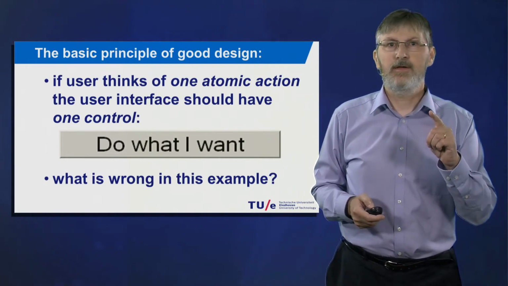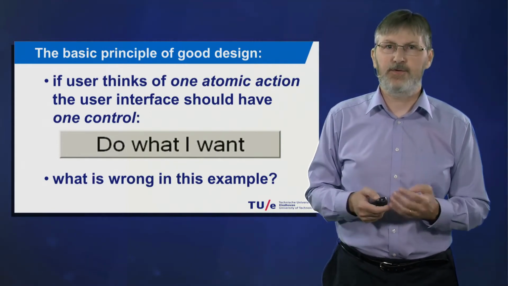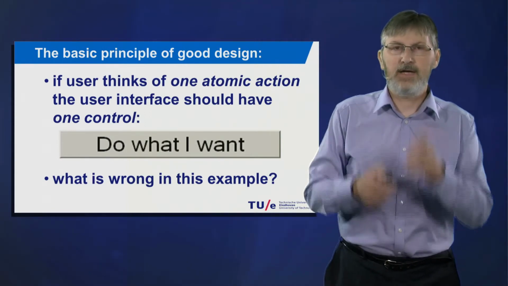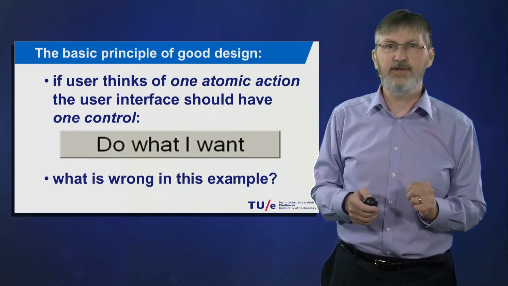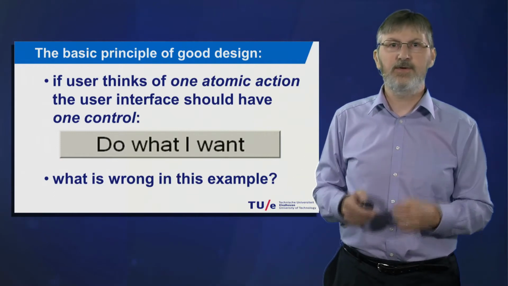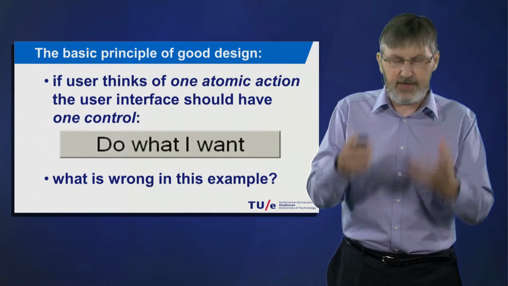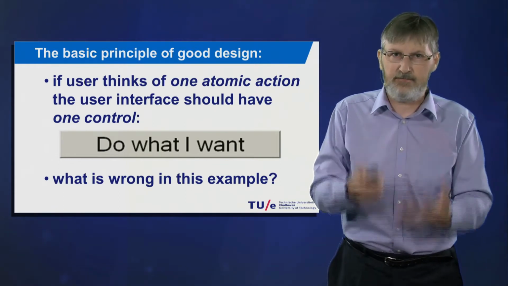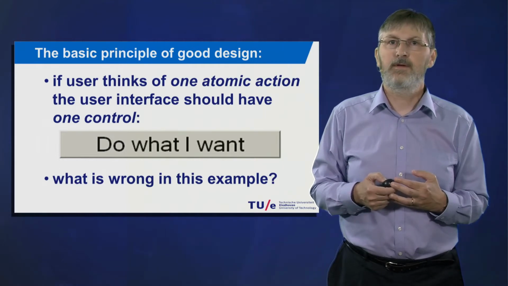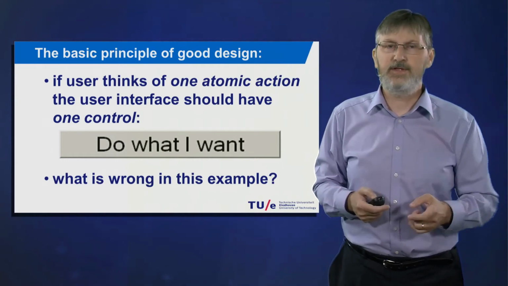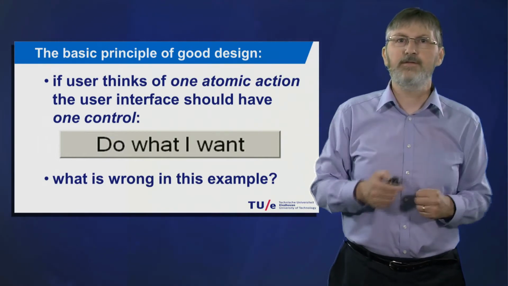Well, you probably thought it's wrong because it's impossible to do. But in this course, we can use our imagination about what the technology can do. Suppose that we do have technology that looks into my head and figures out what I really want. The problem with this interface is then that it wouldn't need the button.